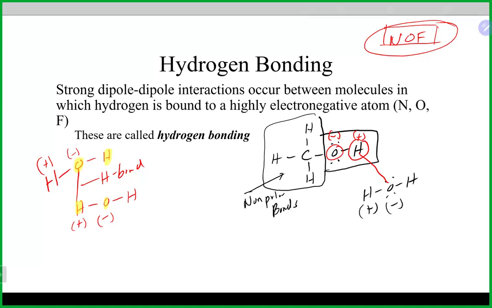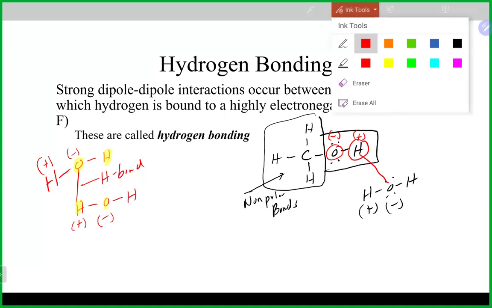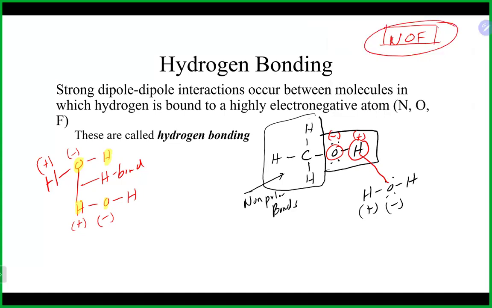Now, when you look at this part over here, you may be asking, can we hydrogen bond with any of these? And the answer is no, you cannot, because those hydrogens are not directly bound to a nitrogen, oxygen, or fluorine. Just having a hydrogen present doesn't allow it to hydrogen bond. It needs to be attached to nitrogen, oxygen, or fluorine to make the polar bond that is necessary for hydrogen bonding to occur.